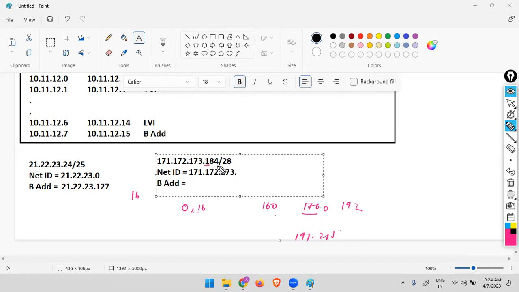Why? It is 184. So 184 will fall where? Between 176 and 192. Oh, sorry, my mistake. Okay, this will be here 176, 171, 172, 173.191.